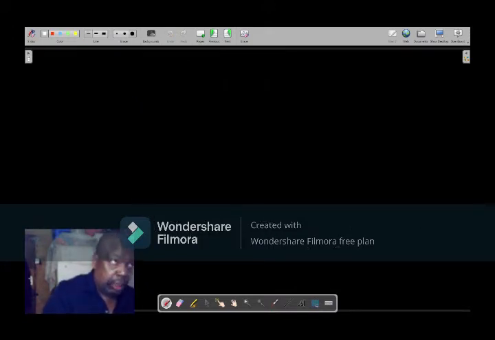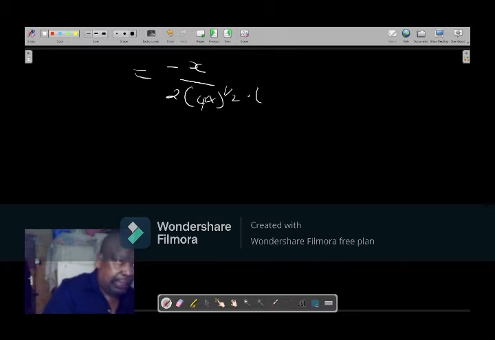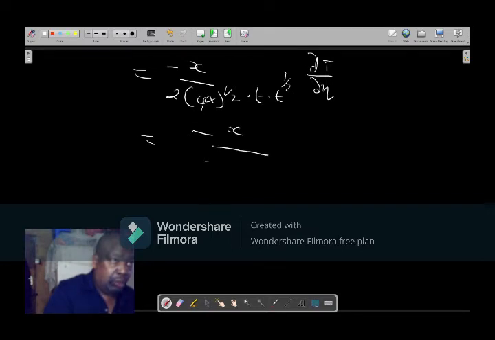And this is equal to minus x over 2, 4 alpha to the power of a half, times t times t to the power of a half, and we have dT by d eta. So this is the same as minus x over 2.